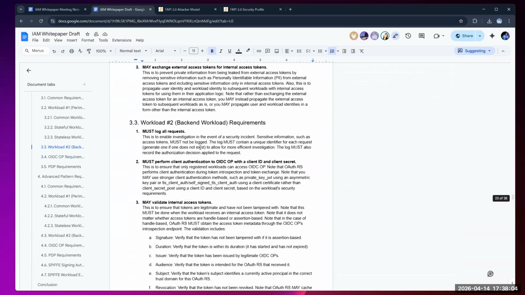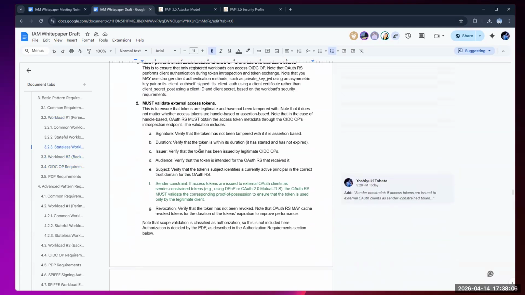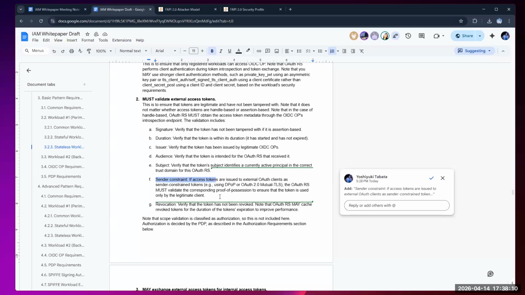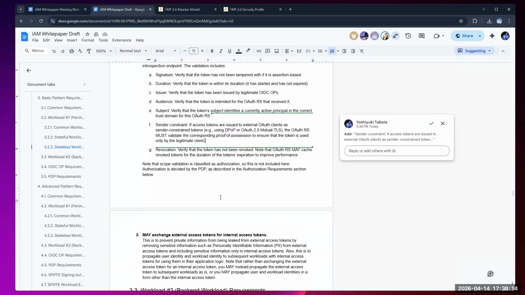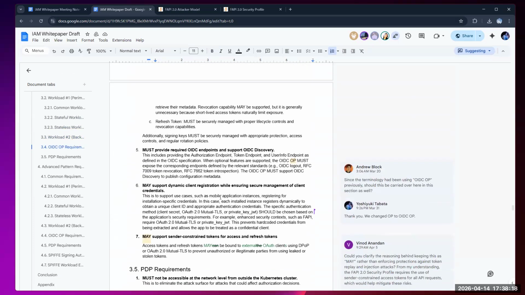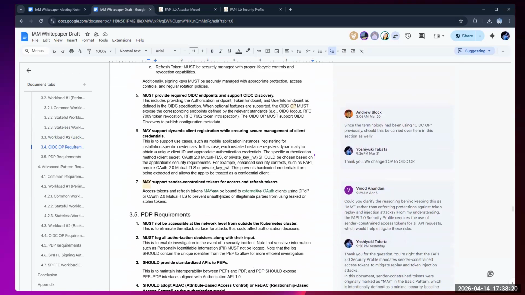And also, the resource server should check the sender constraint. What do you think, Hiroyuki?